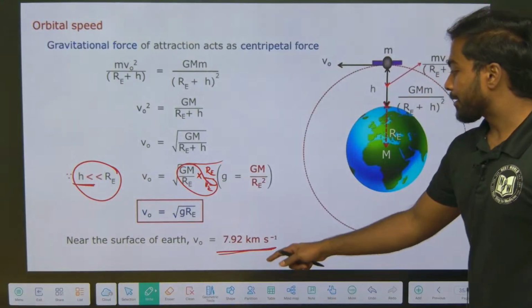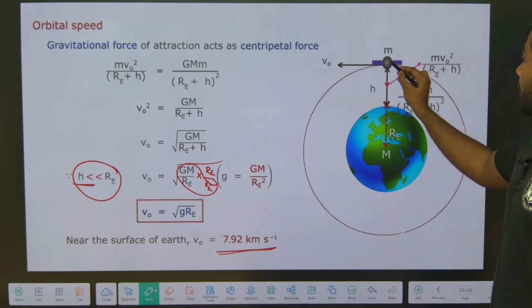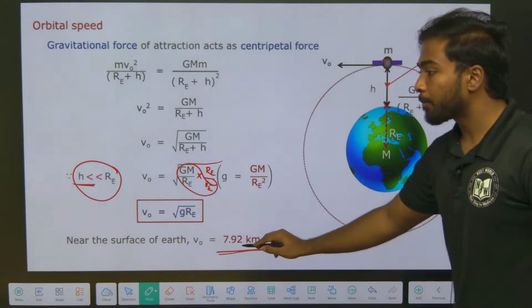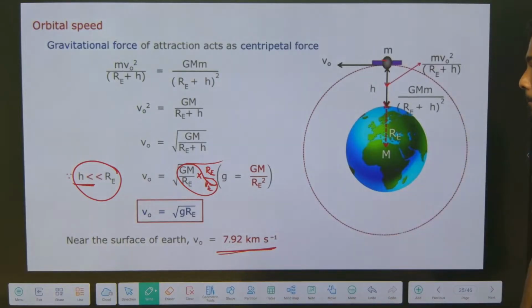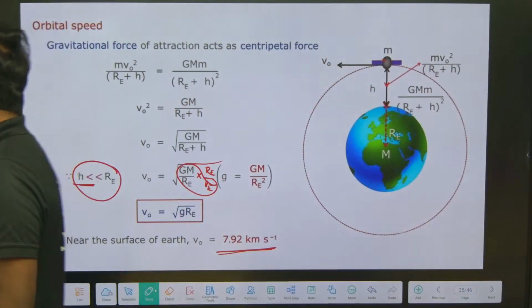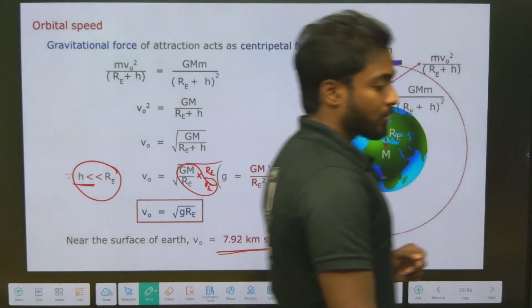So if I take the object, this object speed, or the satellite speed, will be 7.92 kilometer per second. So this is the orbital speed.